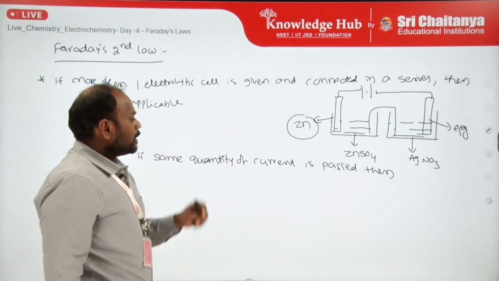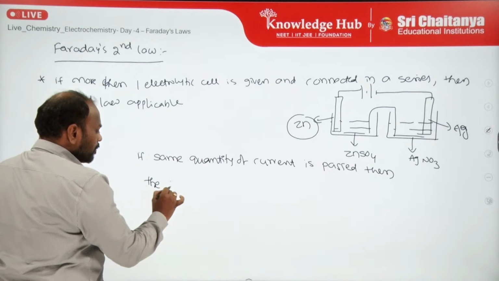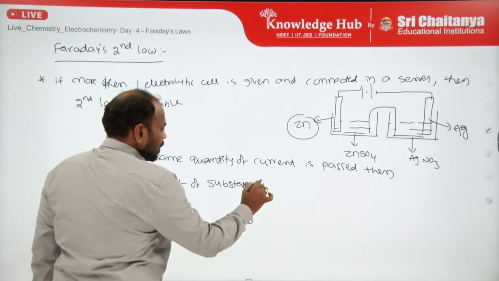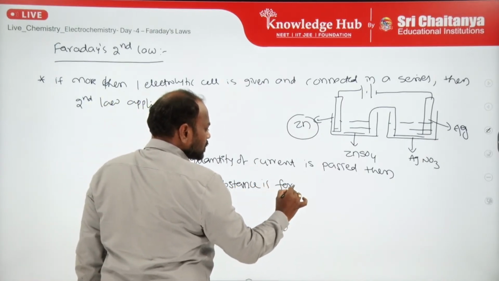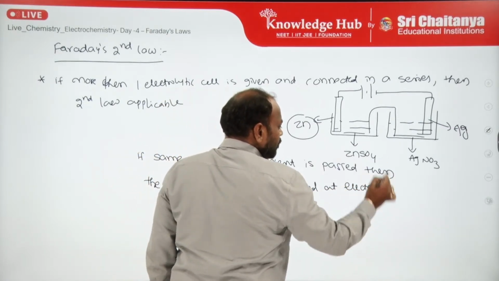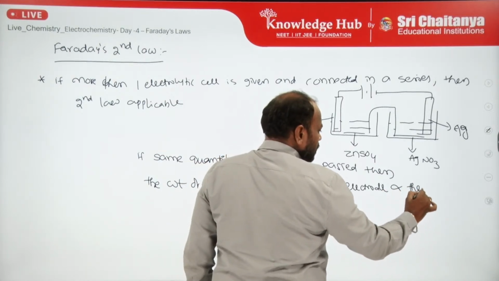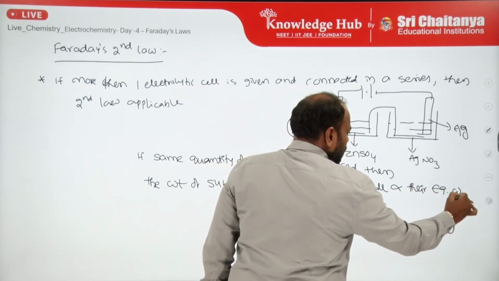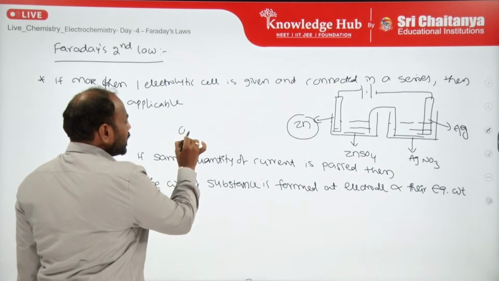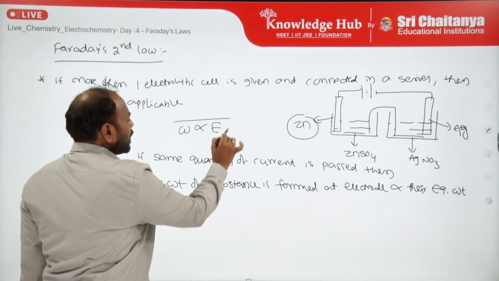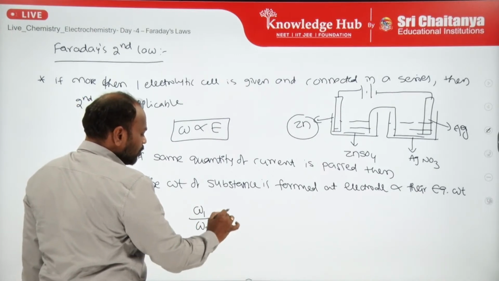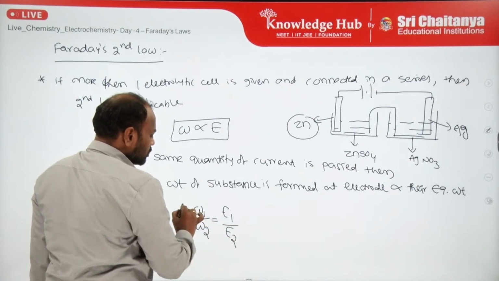So the weight of substance formed at the electrodes is directly proportional to their equivalent weights. That is the statement: weight is directly proportional to their equivalent weight. So based on this, what is the equation we get? W1 by W2 is equal to E1 by E2.